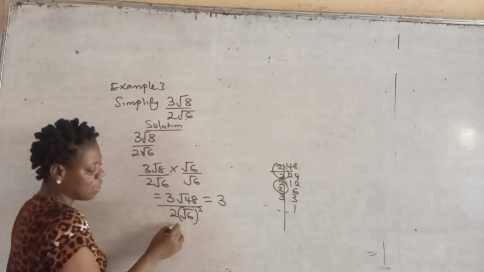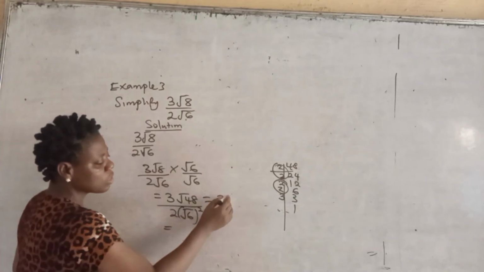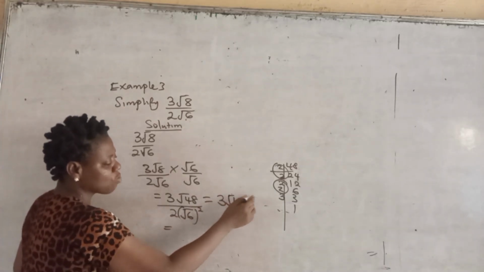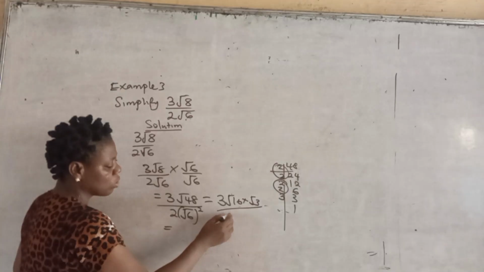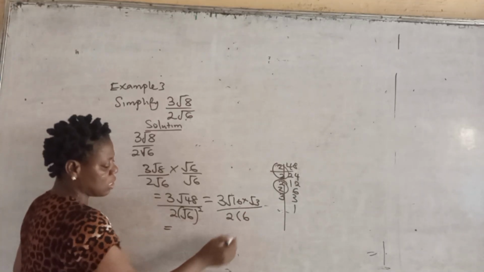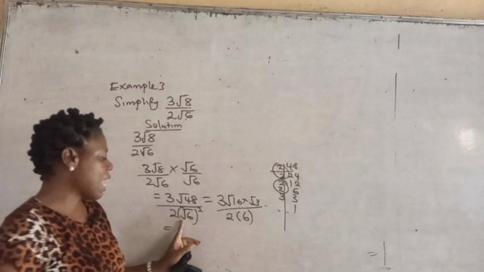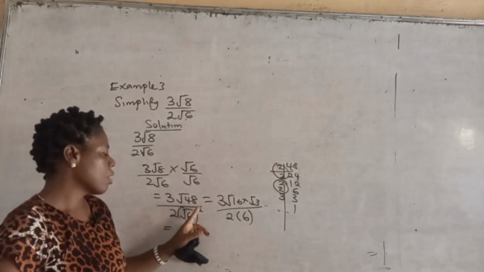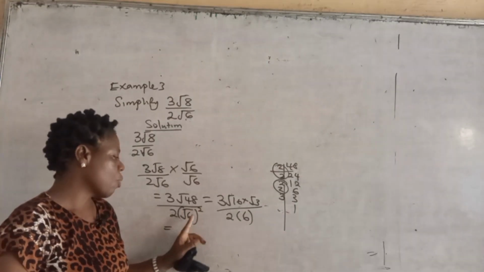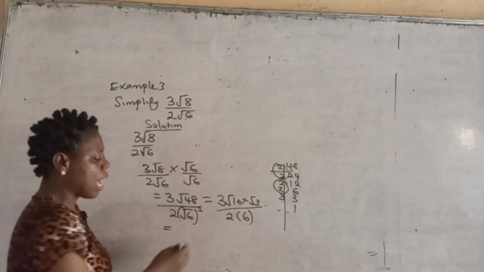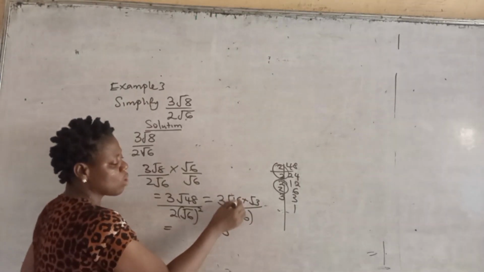And you quickly say 3, okay? 3 root 16 times root 3 over what? 2 root 6. Root cancels power, and we have 6. And from there you say, what is the square root of 16?